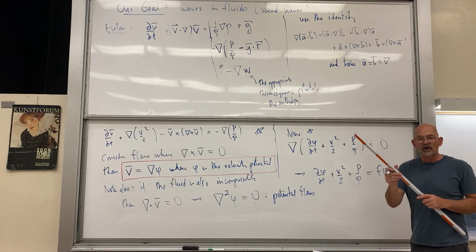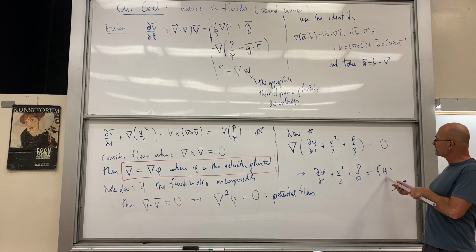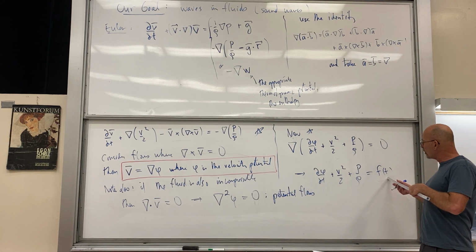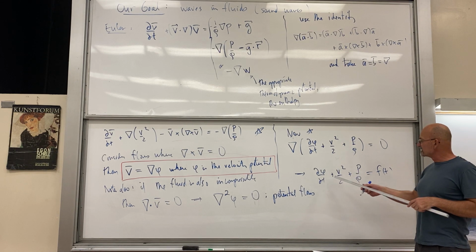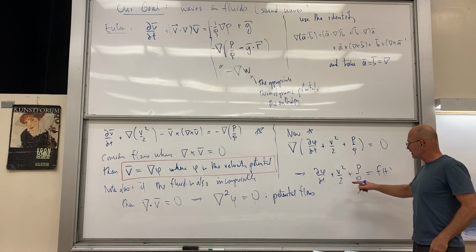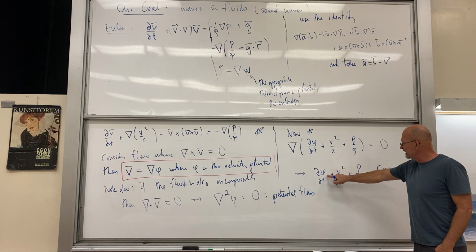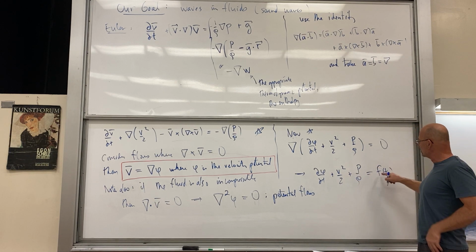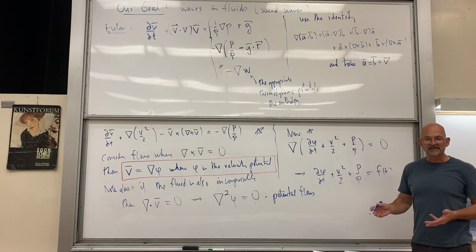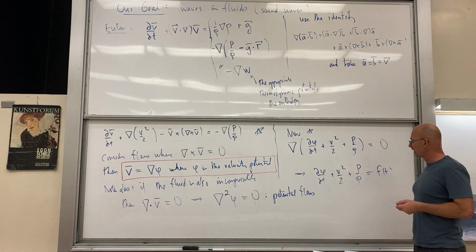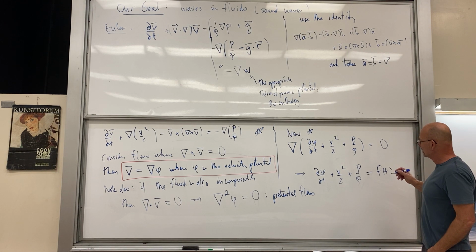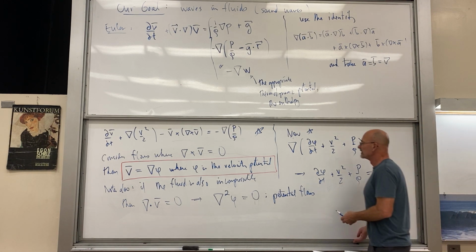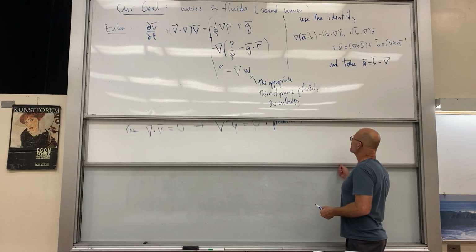But we don't even have to be concerned about this function of time, because we can absorb its definition into the definition of phi. So because of that, d phi/dt plus V squared over 2 plus P over rho can be thought of as just some constant or even 0. Okay? It's going to link all of these things. Good. So let's keep going here.